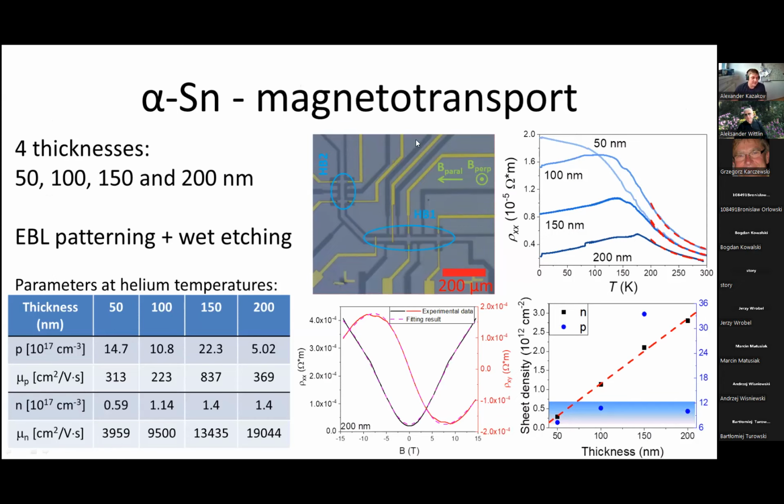We saw that the resistance versus temperature behaves as it should for a semi-metal or semiconductor, not as for a metal.